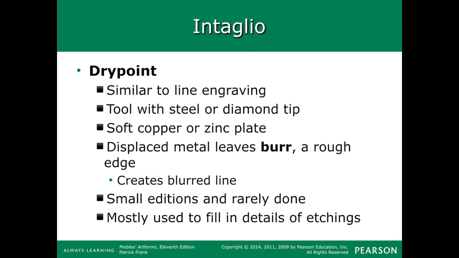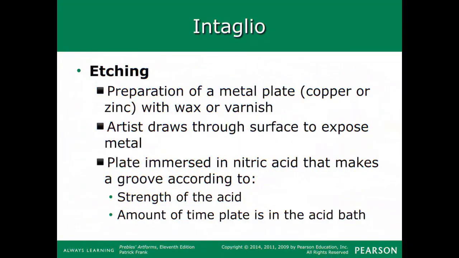And so you can see the lines that are left over using that tool. For dry point, there are just small additions and are rarely done. Mostly used to fill in details of etchings. So it's more of an in-between technique within intaglio.